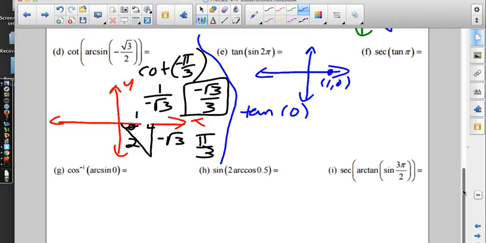Or tangent will end up being 0. Well, tangent is y over x. So we need to find a spot where y is 0, or we can use tangent. Right up there looks like a good spot, because what are the coordinates for that spot?